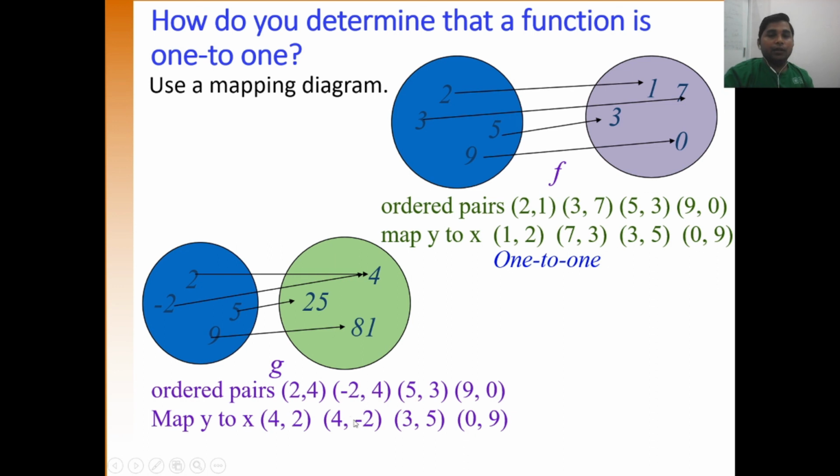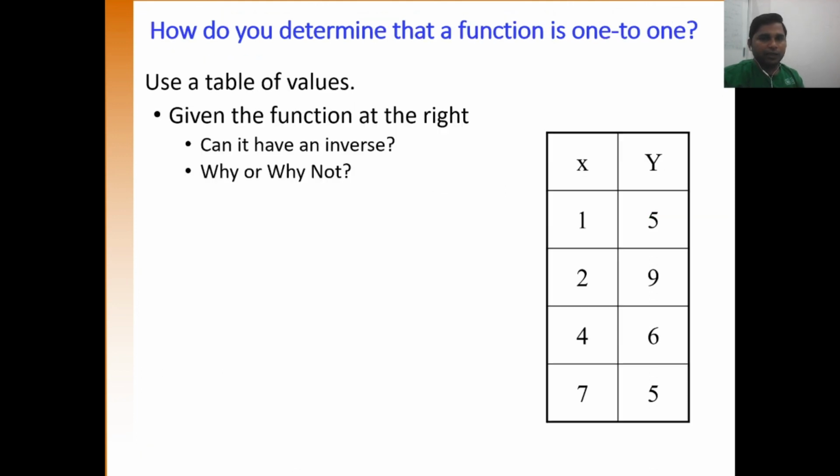So that is not a function, right? One value of x cannot give you two values of y. So if you map it back y to x, that's not a function. That's why inverse is not defined. So g is not a one-to-one function, and inverse is not defined for this.